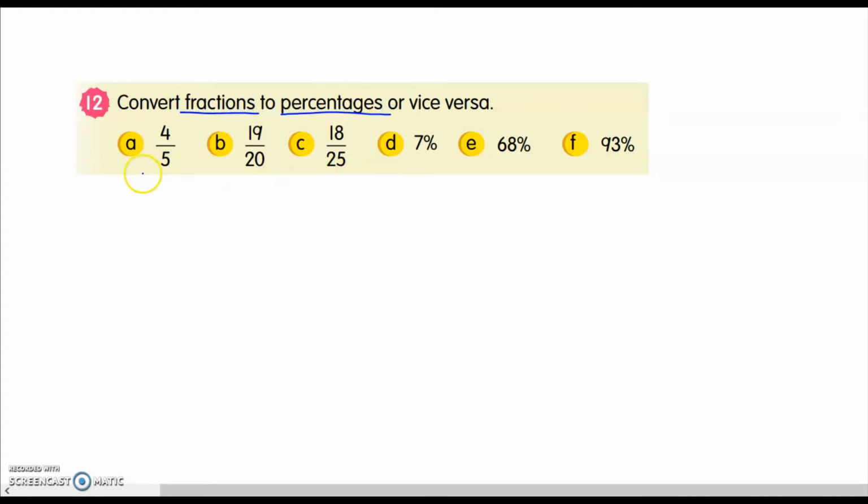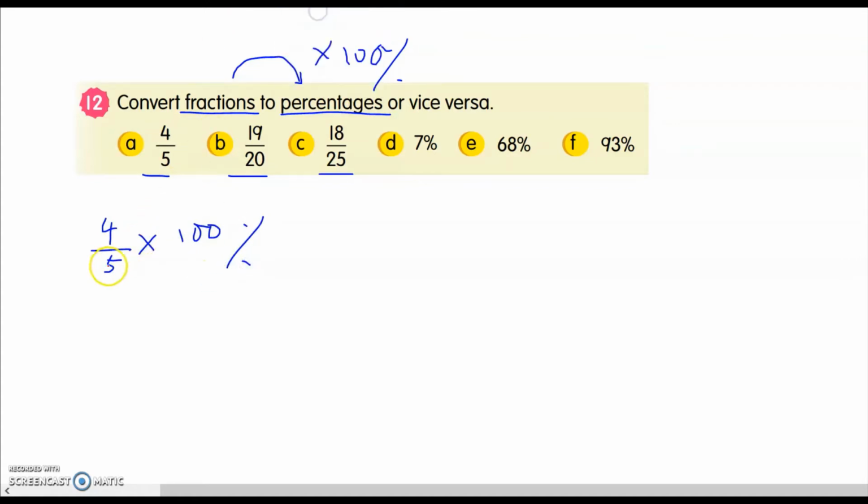For question 12, we need to convert fractions to percentages and then the other way around, right? Vice versa. So this is fraction, fraction, fraction. So we need to change them to percentages. When we want to change to percentages, we always times 100%. So question A, 4 over 5, we times 100%. So what do we do next? Now we simplify this number and this number.